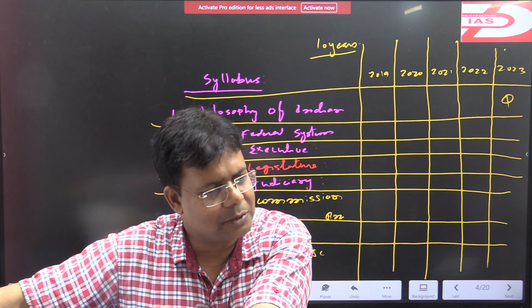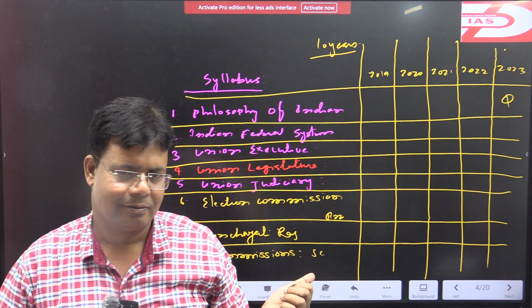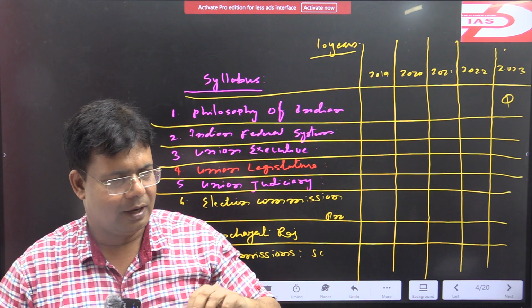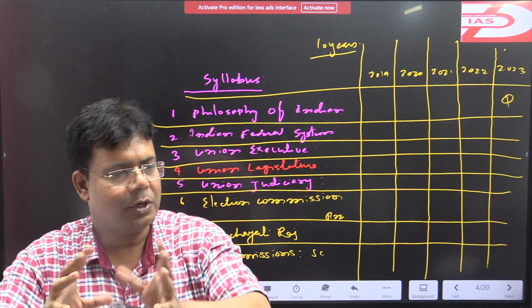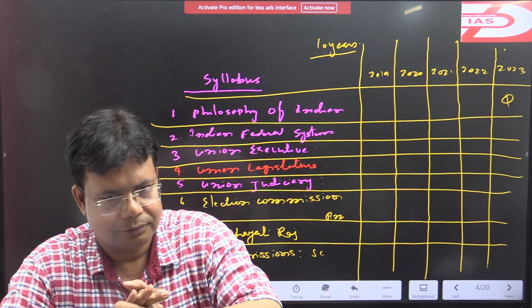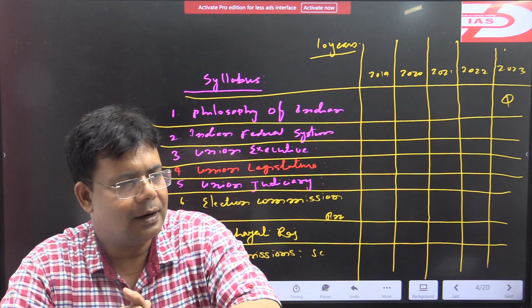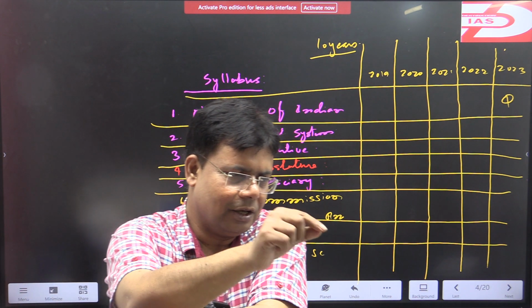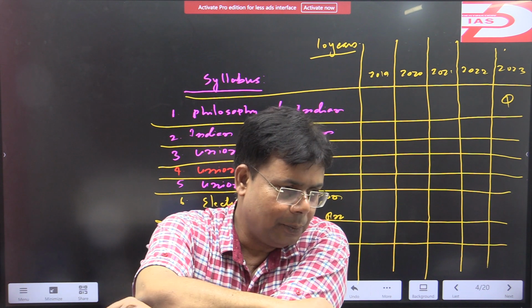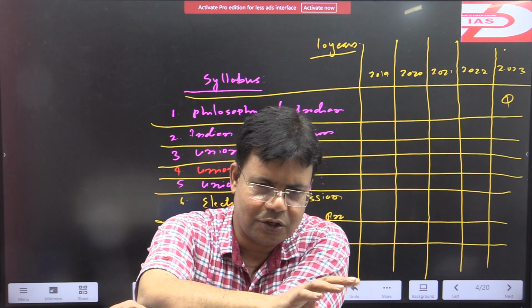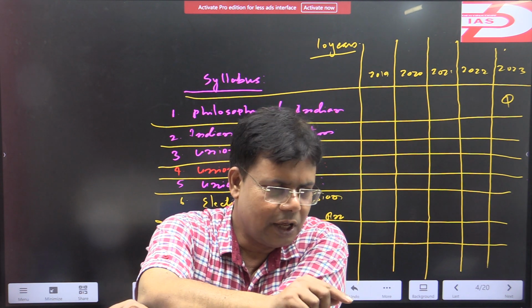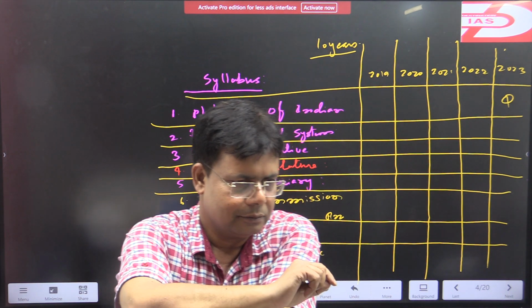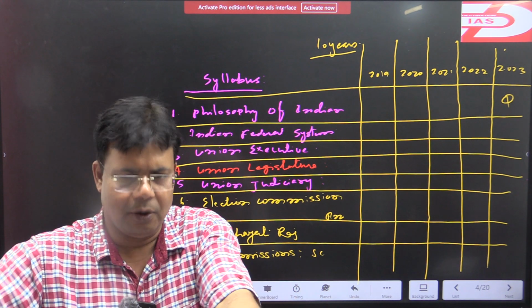UPSC will ask questions from the same fundamental rights chapter, but UPSC will twist the question. Earlier, there was a straightforward question. When we were preparing for the civil service examination, the nature of the question was options A, B, C, D. Sometimes match the following.